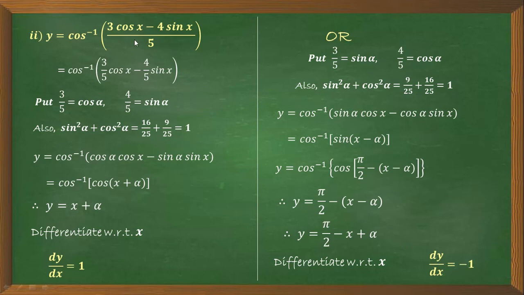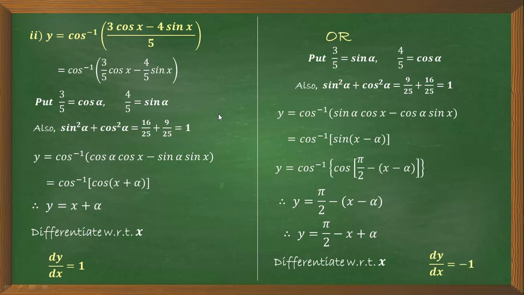So here in this case you have to choose 3 by 5 and 4 by 5 as either sin alpha or cos alpha to get the proper simplification. Okay, so compare both the methods, and whichever method is convenient for you, you can use to solve a question like this.